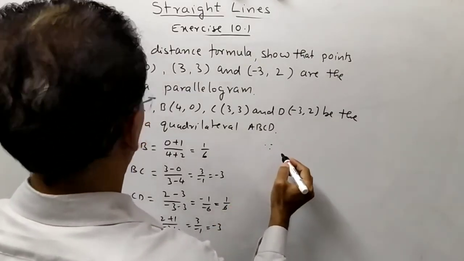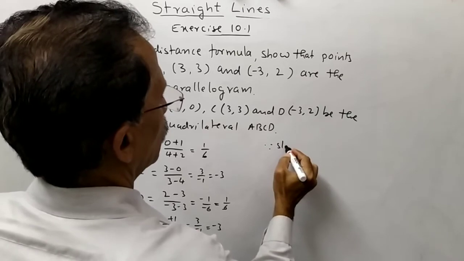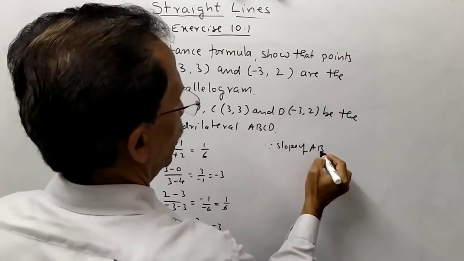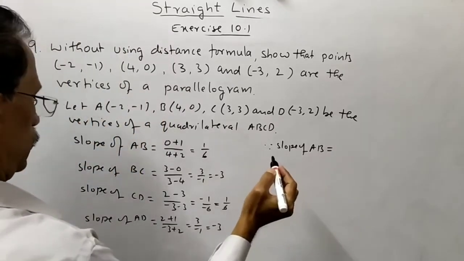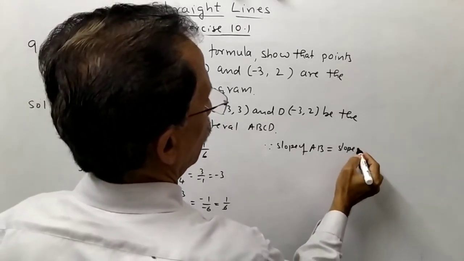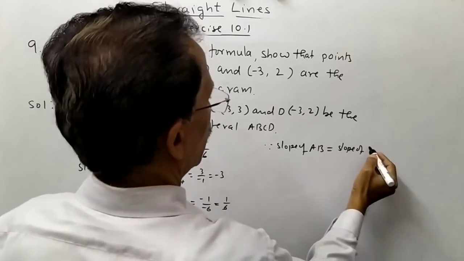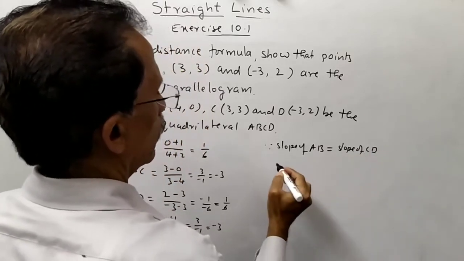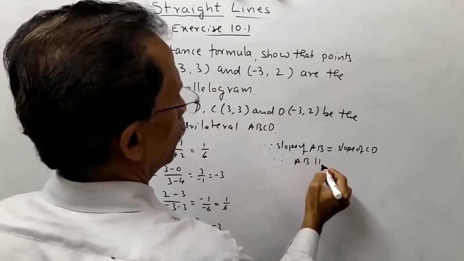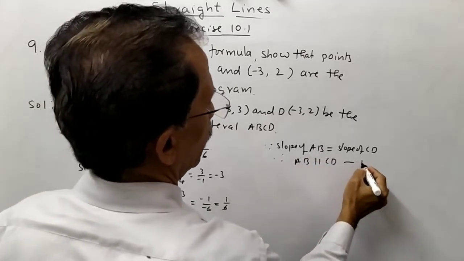Since slope of AB is equal to slope of CD, therefore AB is parallel to CD. Say number 1.